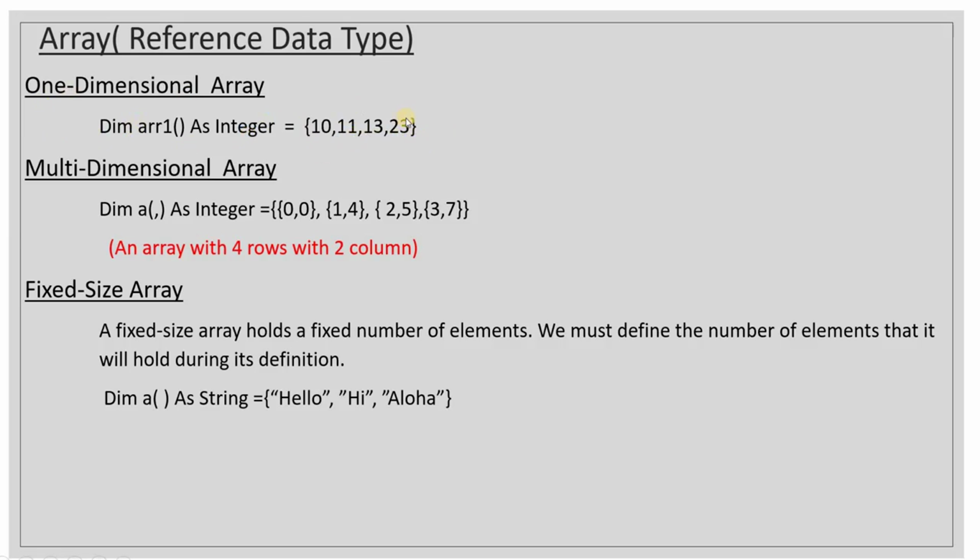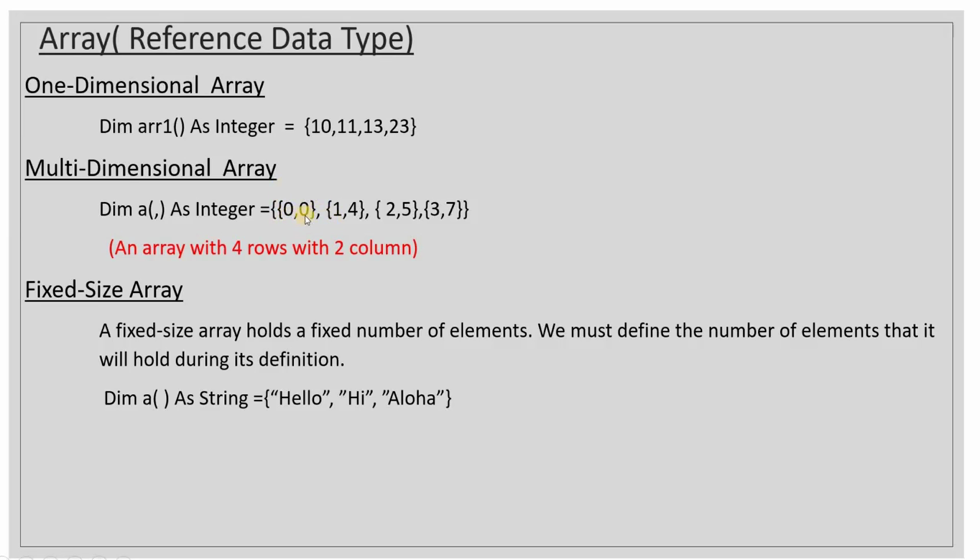R1 is my one-dimensional array. It is easy. And next, when we declare a multi-dimensional array, we use a comma to separate rows and columns. Okay, A is an array and it is a two-dimensional array. A is a two-dimensional array of which type? Integer type. Then here we always specify the elements in curly braces.